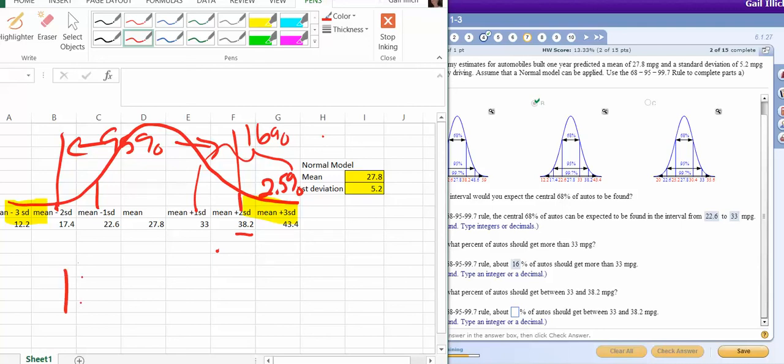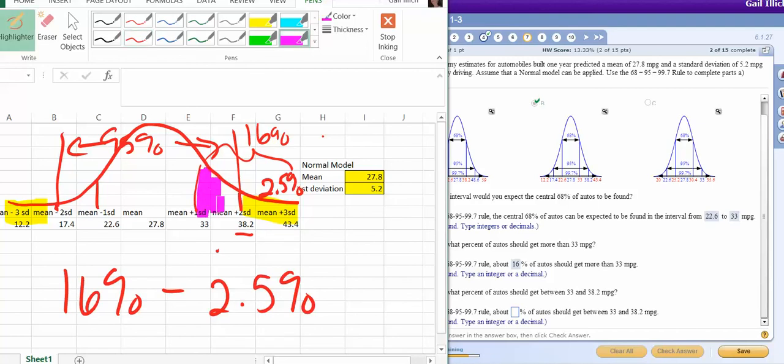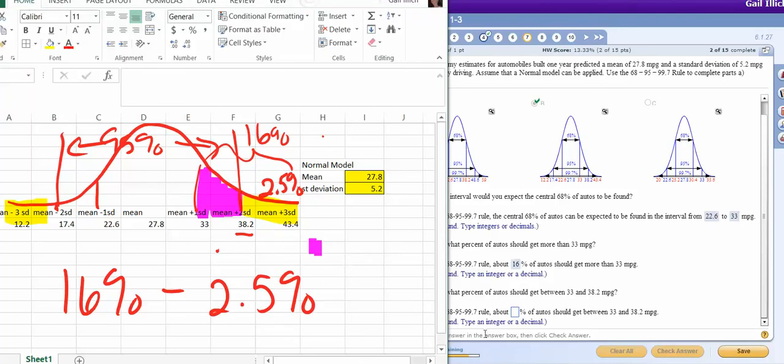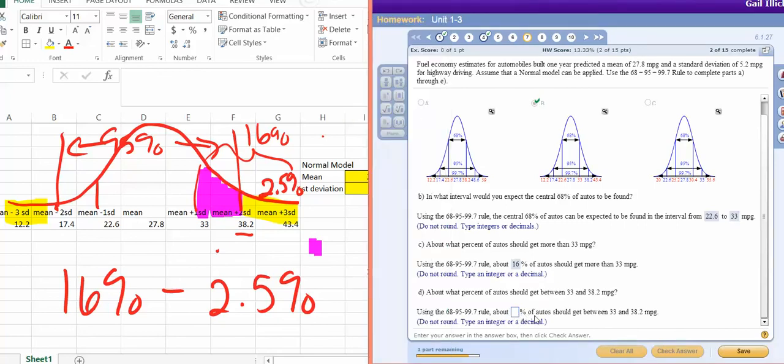So if we do 16% minus 2.5%, we get the area that we want, the amount between 33 and 38.2. You could do that in your computer: 16 minus 2.5, just remember that it's going to be a percent. You'll get 13.5%, which is the percent of the autos between 33 and 38.2.